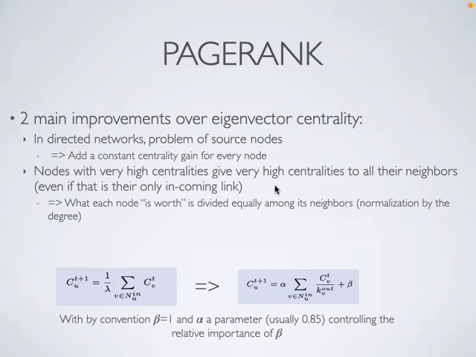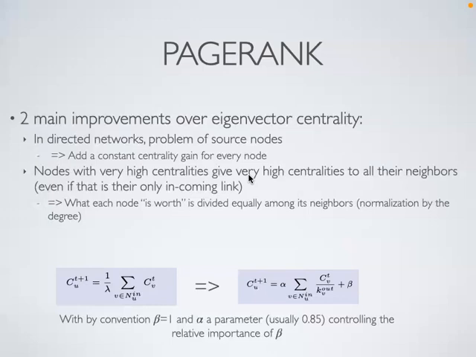And then they have made one important change also. In the original version of the eigenvector centrality, each node sends its importance to all the other nodes. So if you're very important and you are pointing towards many different nodes, you will give your importance to all of them.